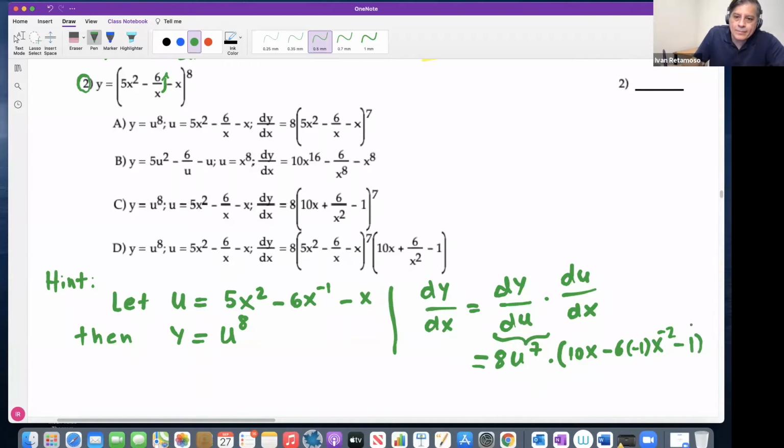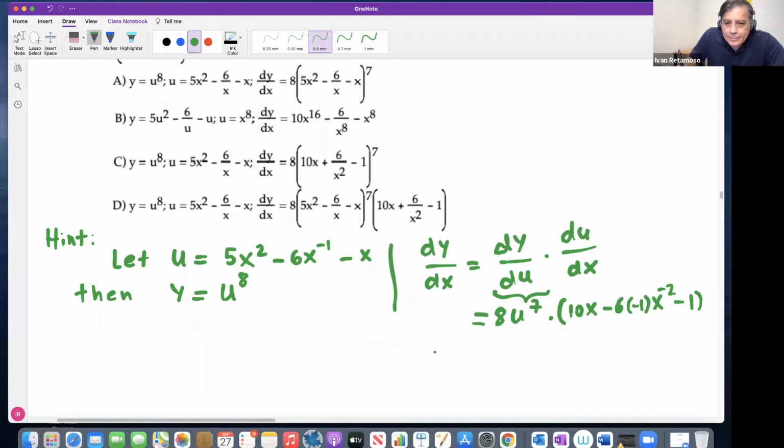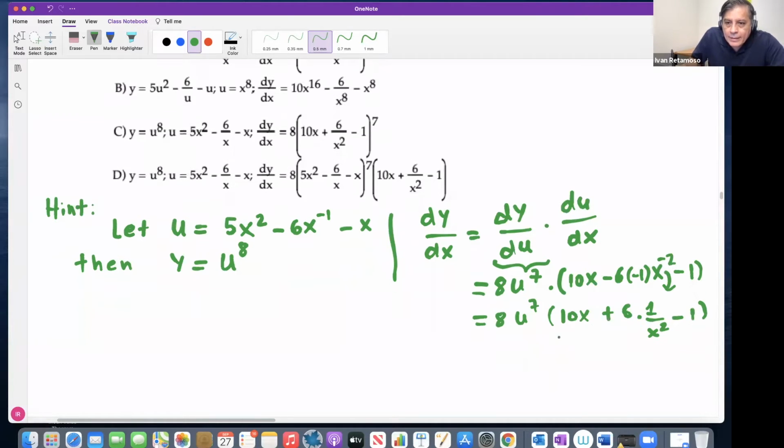So this is it. Now, this should be the answer, right? But I have the following issue. I have this x with negative exponent. So write it as 1 over x squared, right? Minus 1. That's better. So this will be 8u to the 7 times (10x plus 6 over x squared minus 1).